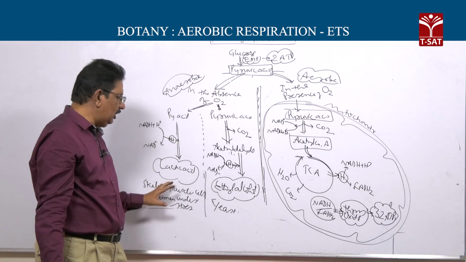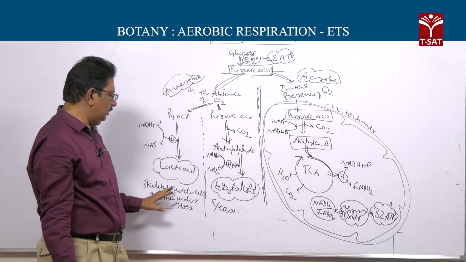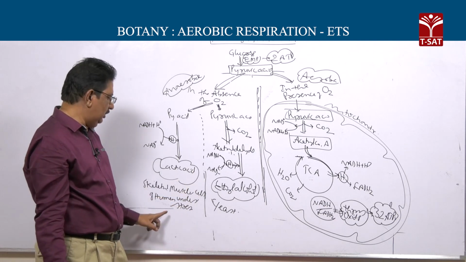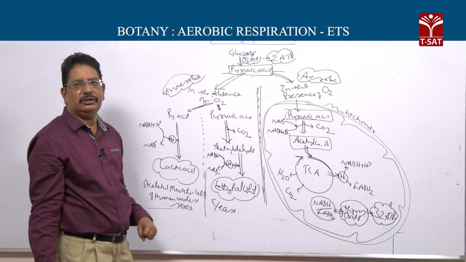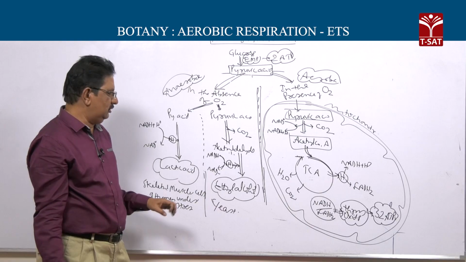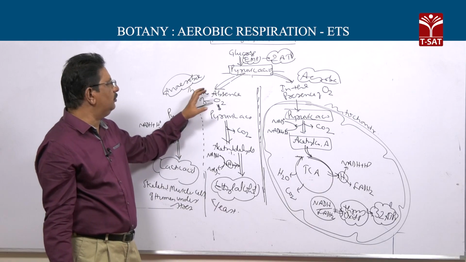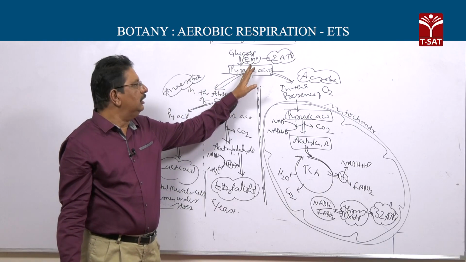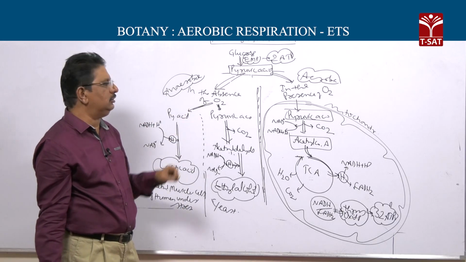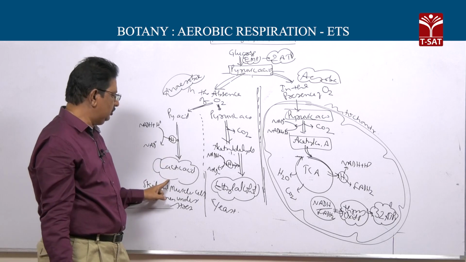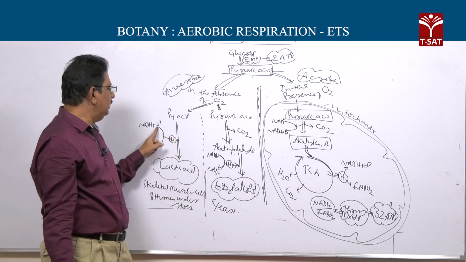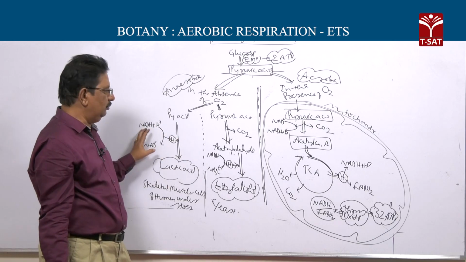And this very commonly occurs in human skeletal muscle cells whenever the body is experiencing severe stress. That is, continuous uncontrolled exercise results in non-availability of oxygen to the EMP pathway product. Hence, the pyruvic acid in human skeletal muscle cells converts into lactic acid by means of NADH involvement.